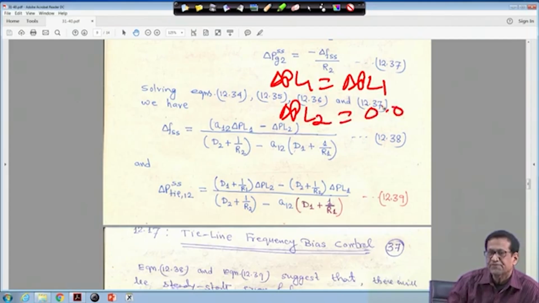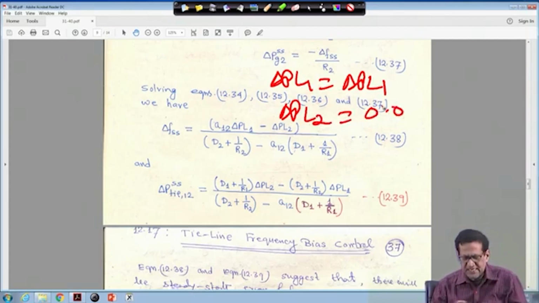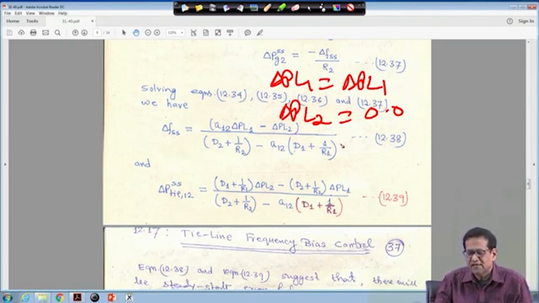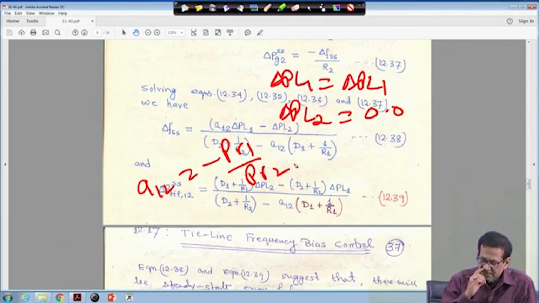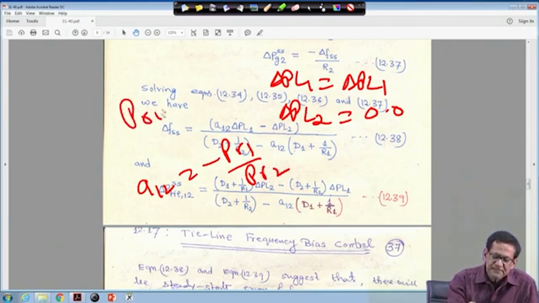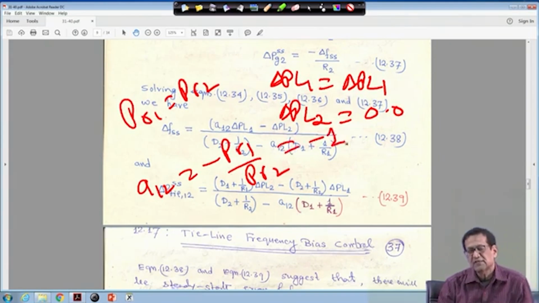Say that both the areas have equal area capacity. That means A12 is equal to minus PR1 upon PR2, and if PR1 is equal to PR2, then this will be actually minus 1.